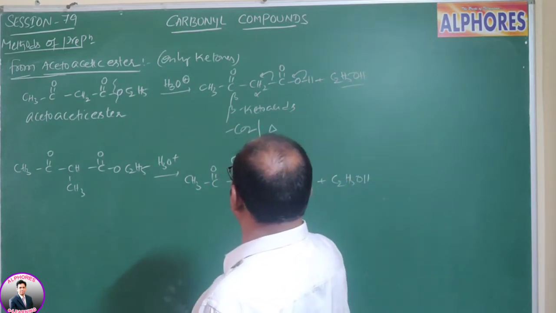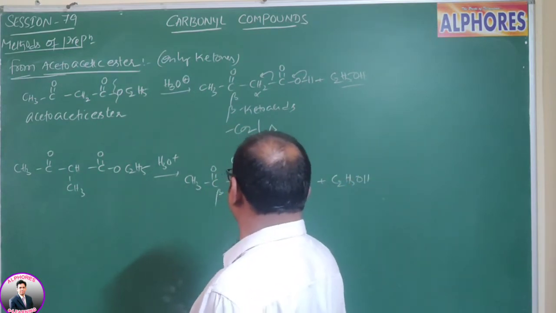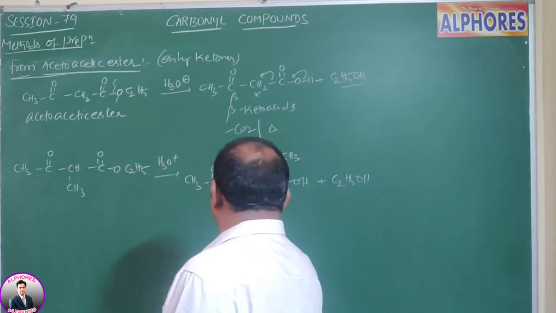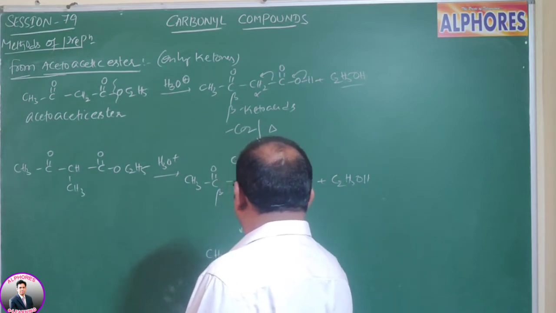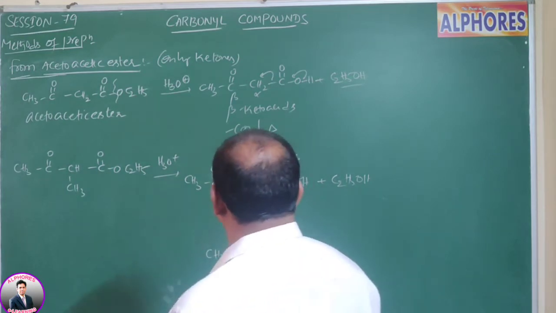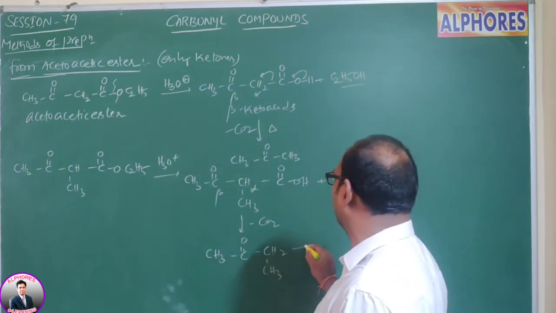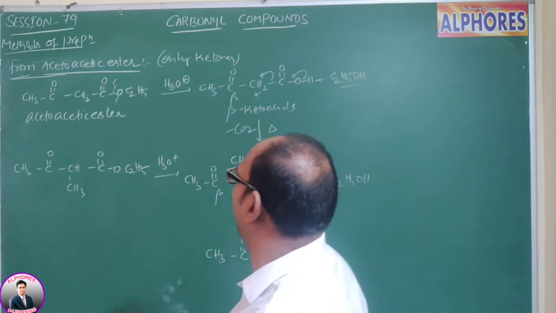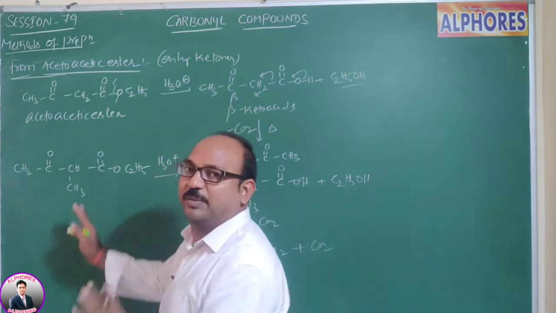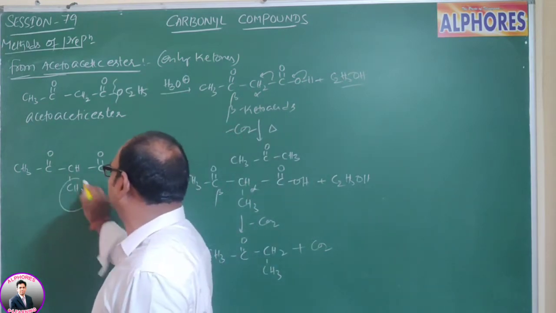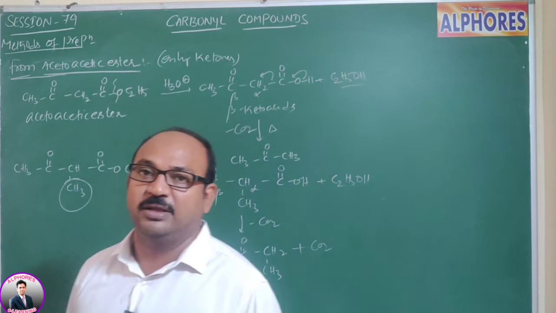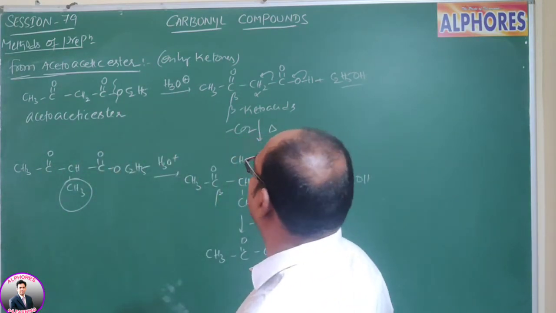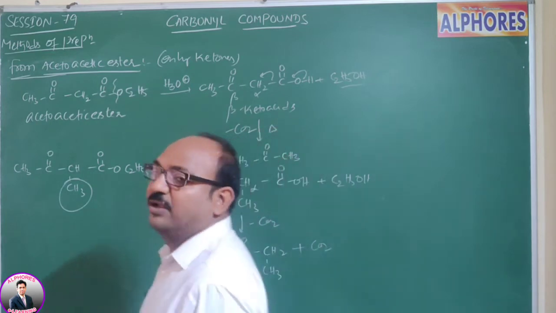Again, this one is an alpha-methyl beta keto acid, which undergoes decarboxylation, and we are getting CH3, C double bond O, CH3, here H2 means methyl ketone, and carbon dioxide comes out here. So whatever ketone you wish to prepare, you can prepare simply by substituting at this alpha carbon. This is from acetoacetic ester and its derivatives, we can prepare ketones.